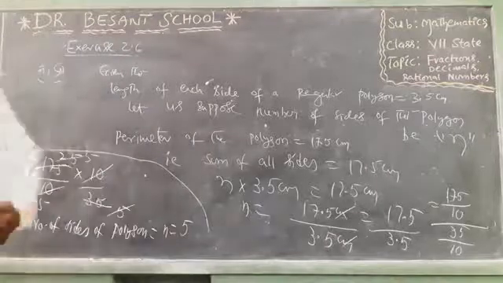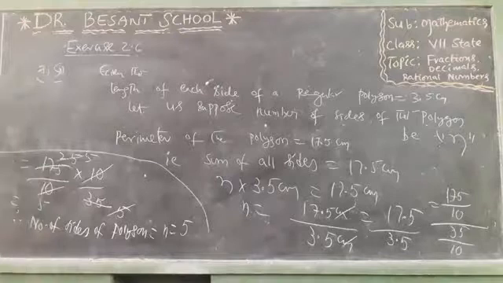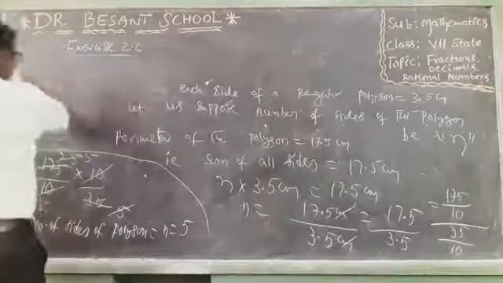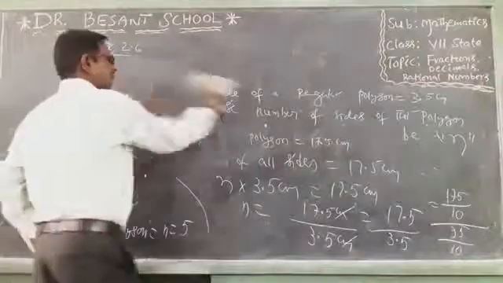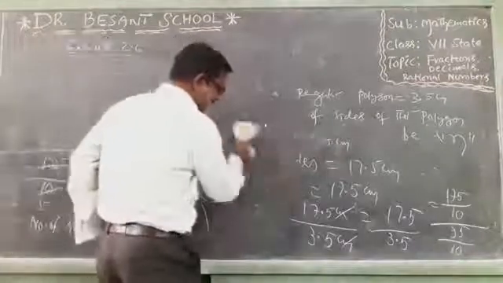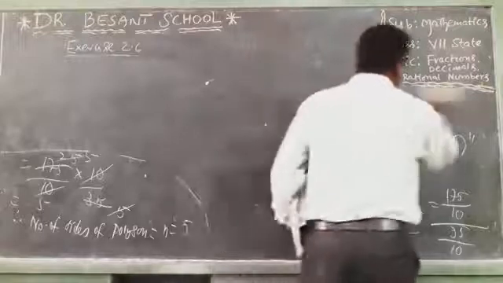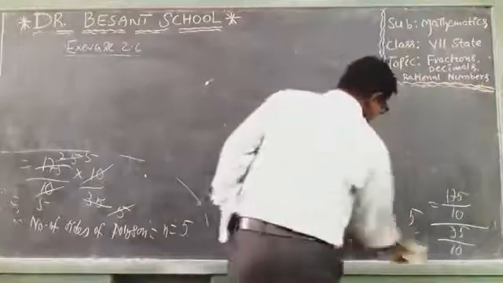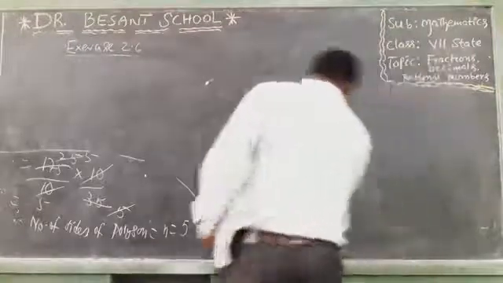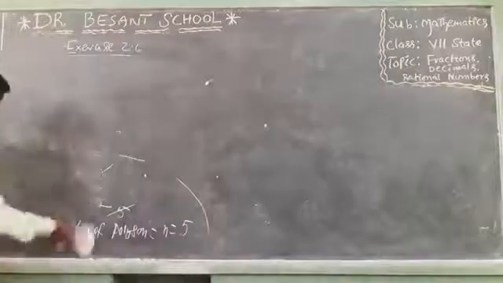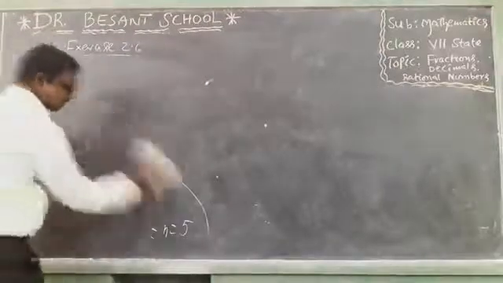That means it is a regular pentagon. Already it is given as a regular polygon. So n means the number of sides, and we got 5. That means it is a regular pentagon. I hope that you have understood this 7th problem, children.